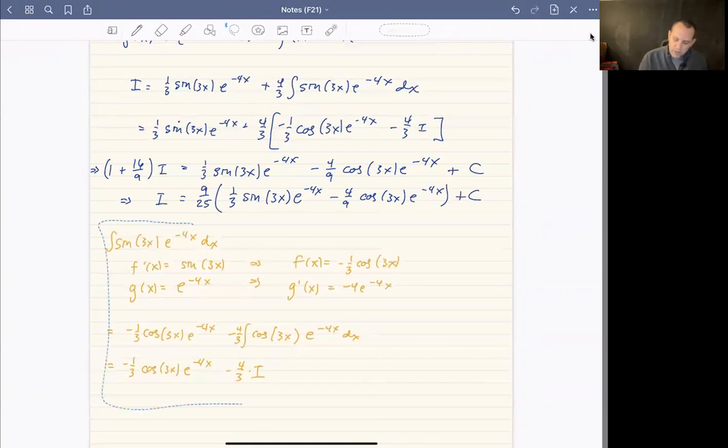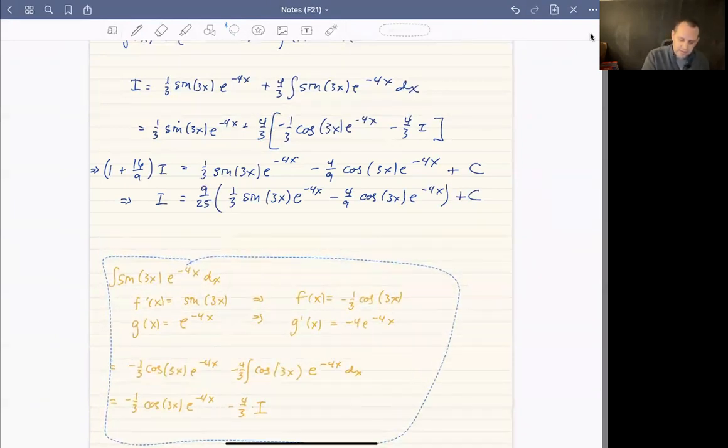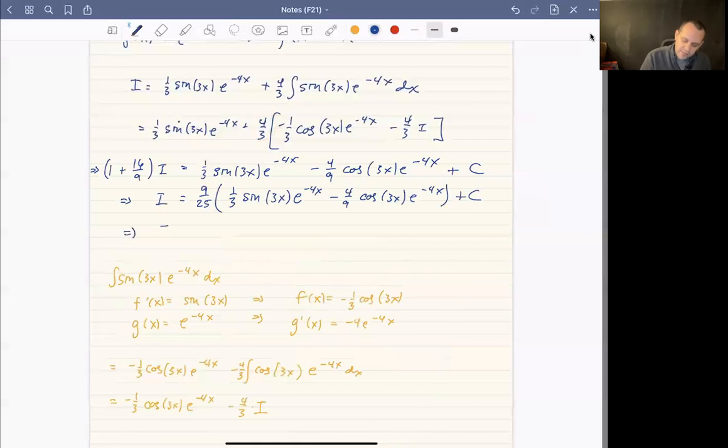I'm going to add one more line in so we can simplify our constants here. But that means that I was really equal to, let's see, 1/75 sine of 3x. No, is that right? No, of course that's not right. 3/25, sorry. 3/25 sine of 3x e to the -4x minus 4/25 cosine of 3x e to the -4x plus c.